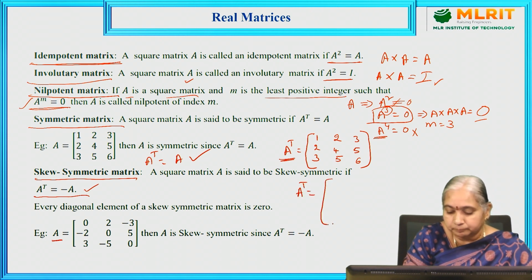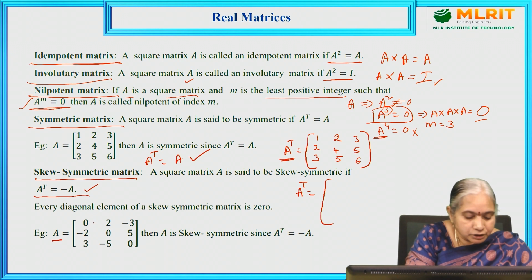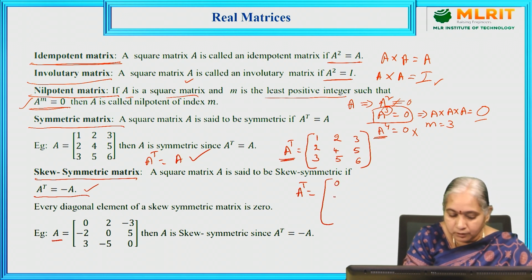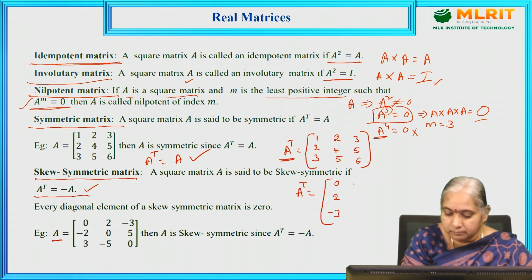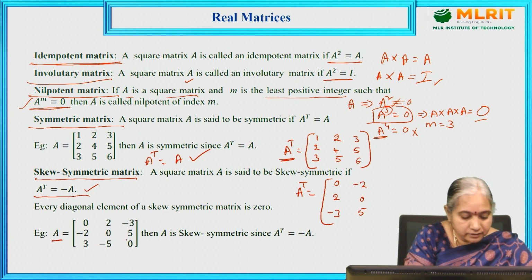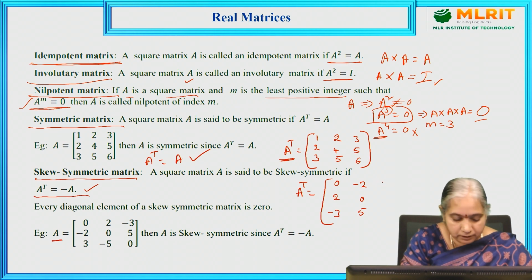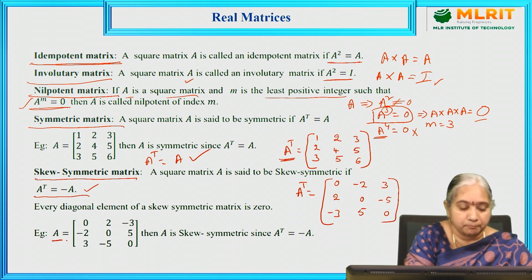The first row is transposed to the first column: 0, 2, minus 3. The second row is transposed to the second column: minus 2, 0, 5. The third row is transposed to the third column: 3, minus 5, 0. So this is the transpose of the given matrix A.